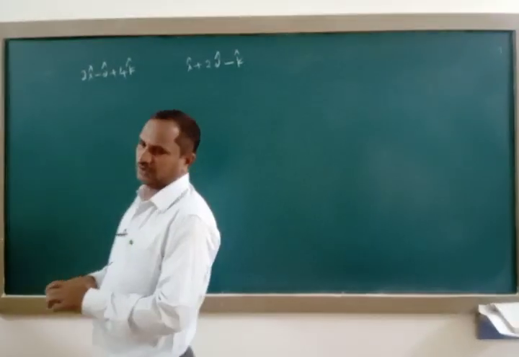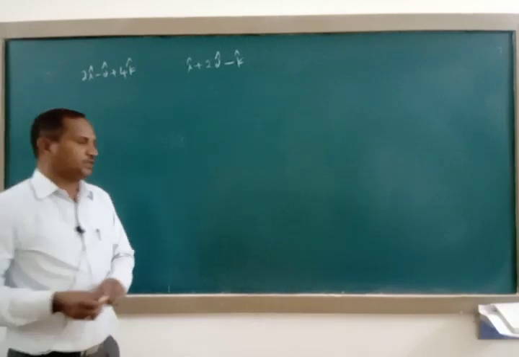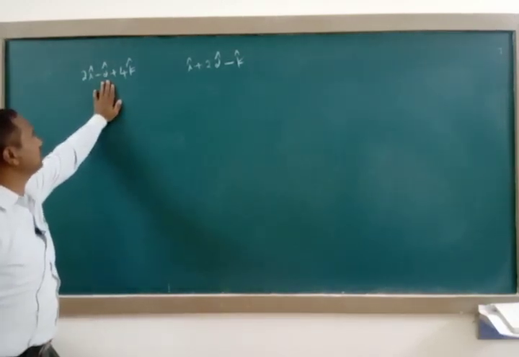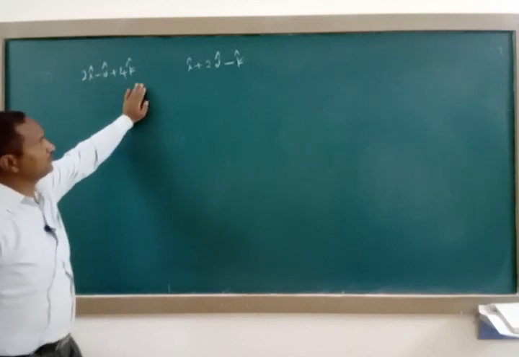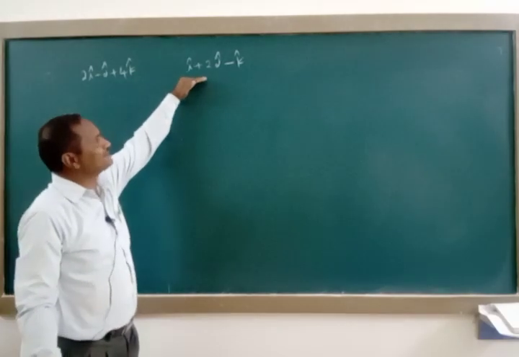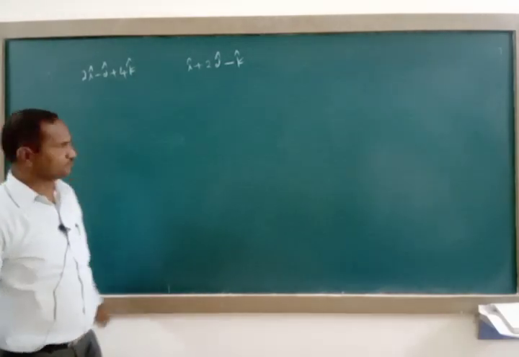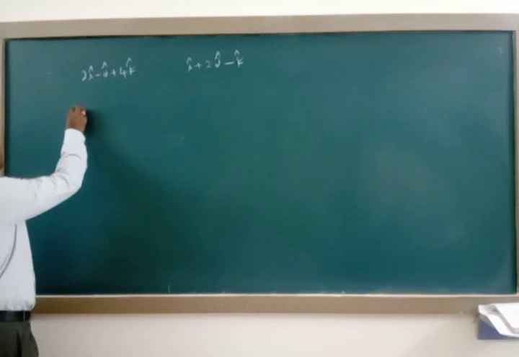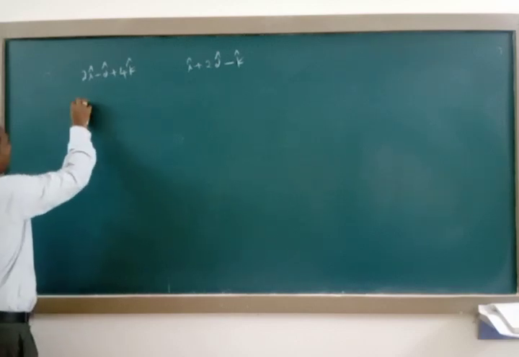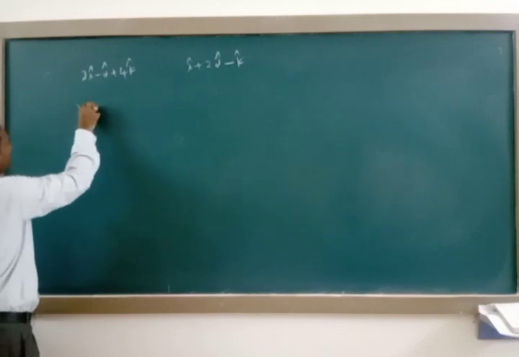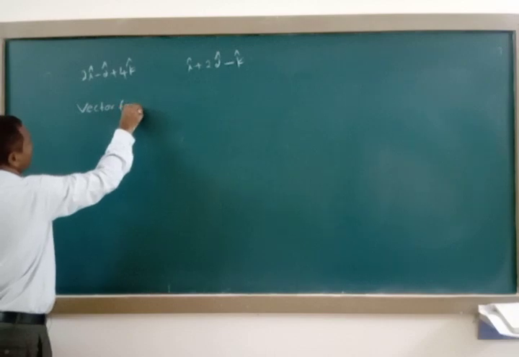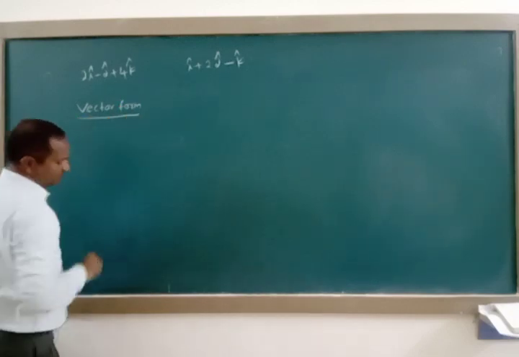They gave a line passing through the point with position vector 2i cap minus j cap plus 4k cap. In the direction of means it is parallel to this vector. Now the solution: vector form first.